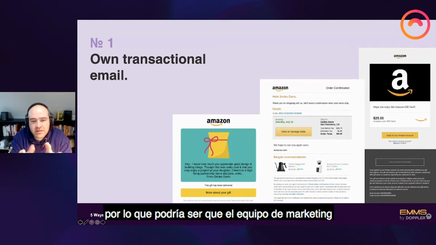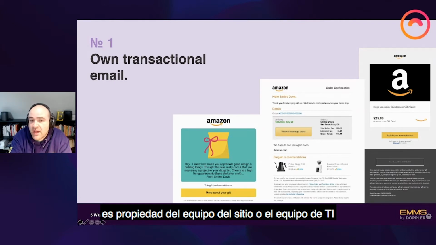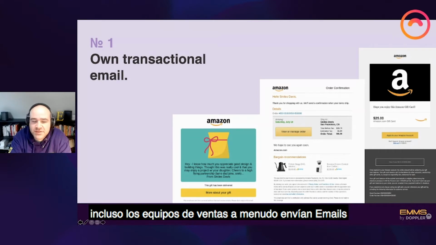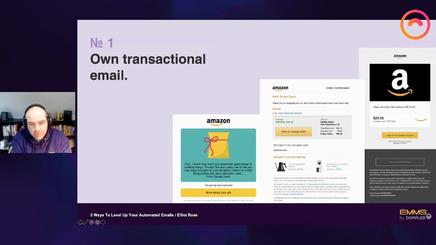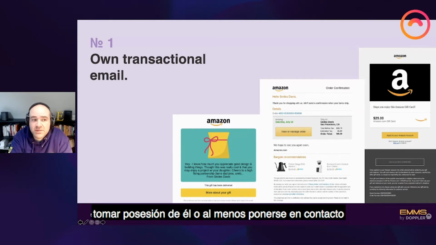It might be that the marketing team sends email that is more campaign based. But then if someone does an action on the website, for example, that's owned by the website team or the IT team or the product team or some other team. Even sales teams quite often send email. So the first thing to do to really level it up is to take ownership of it, or at least get in touch with all of the different people in your organization who are sending email.